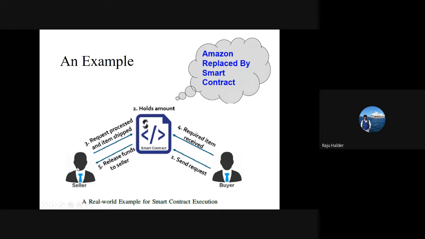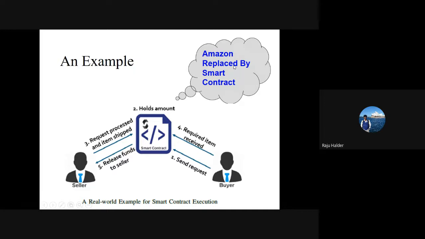When the seller sees that, the seller will process the item and ship it. When the buyer gets the item, the buyer will inform the smart contract that yes, I have received the item. Then the smart contract releases the money to the seller.